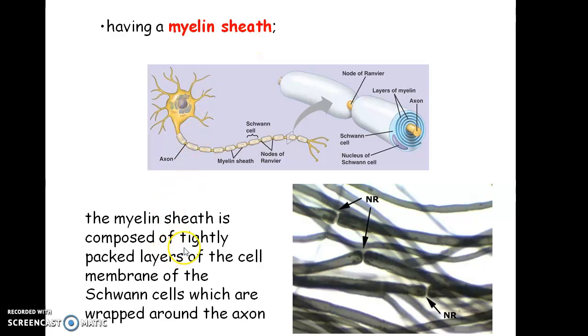A myelin sheath is composed of tightly packed layers of cell membrane which are wrapped around the axon. Here I have shown the myelin sheath around this axon, and the points where this sheath is missing are known as the nodes of Ranvier.